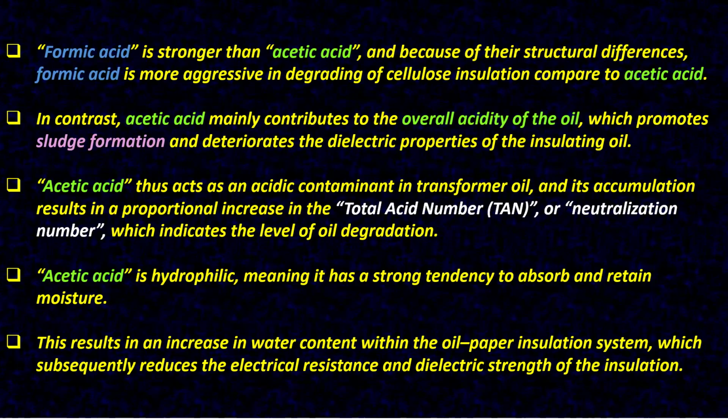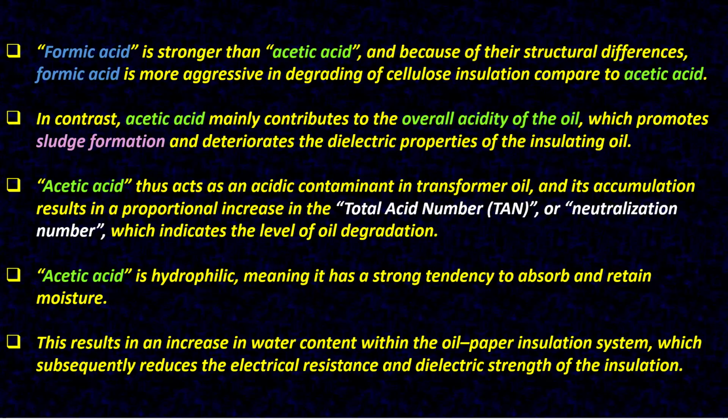Formic acid is stronger than acetic acid, and because of their structural differences, formic acid is more aggressive in degrading cellulose insulation compared to acetic acid. In contrast, acetic acid mainly contributes to the overall acidity of the oil, which promotes sludge formation and deteriorates the dielectric properties of the insulating oil.